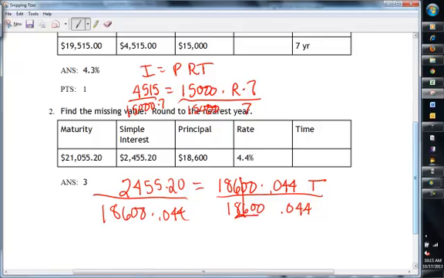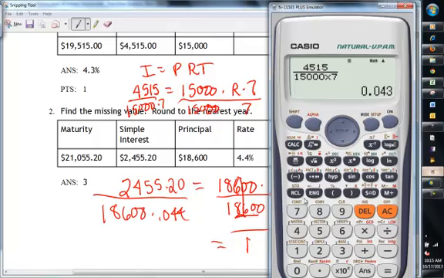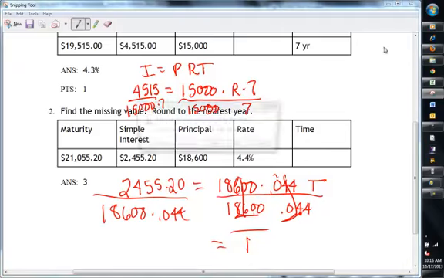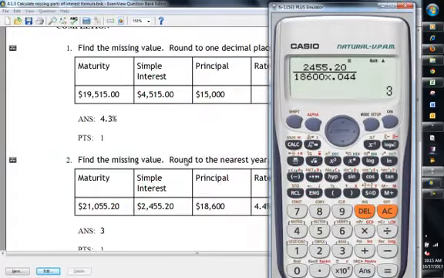This is 1 here, and this is 1 here, so we're going to have t all along on the right, and let's use our fraction key. 2455.20 over 18,600 times 0.044, and we get 3 years. Next one.